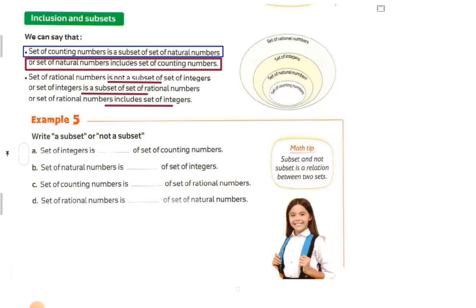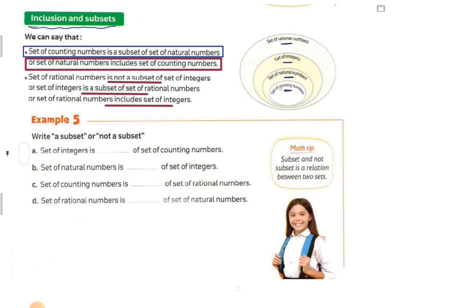Okay, inclusion and subsets. When you want to talk about the set of counting numbers, natural numbers, integers, and rational numbers, the smallest set is the counting numbers, then natural numbers, integers, and rational numbers.